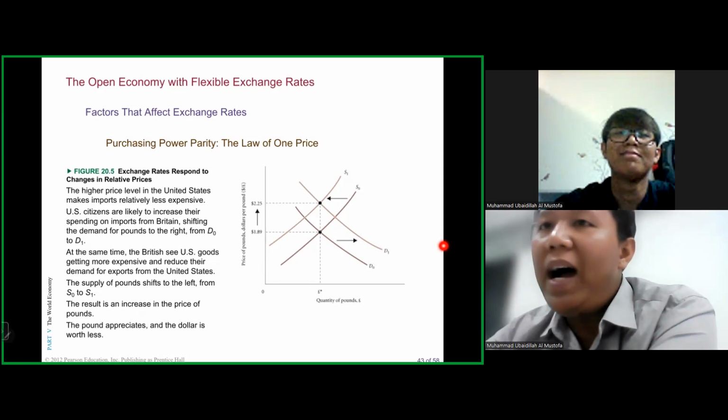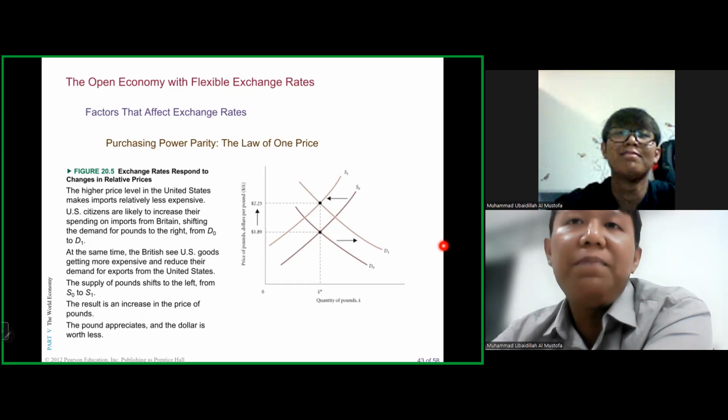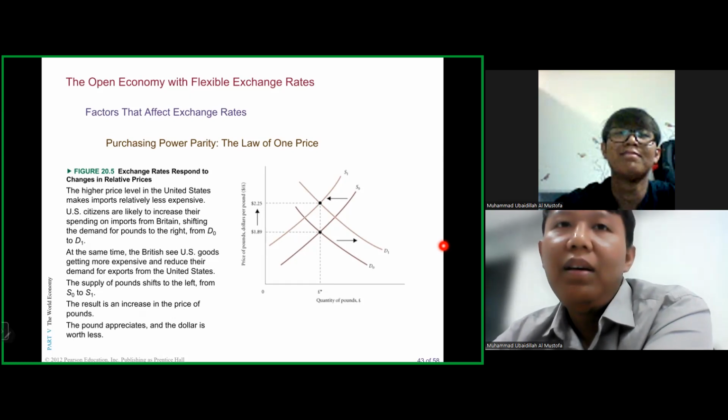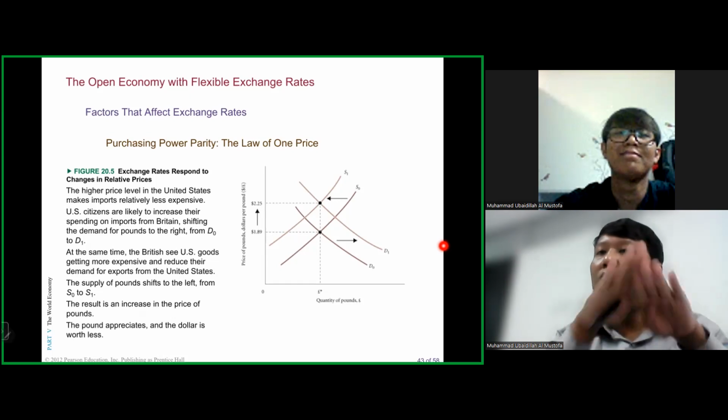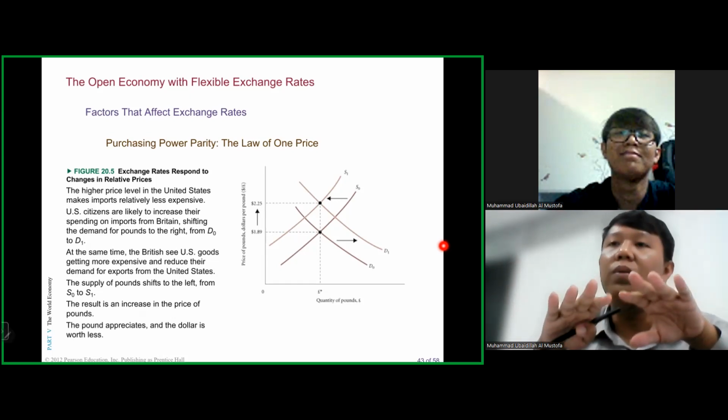At the same time, the British see US goods getting more expensive, because we have inflation and our local goods are more expensive now.